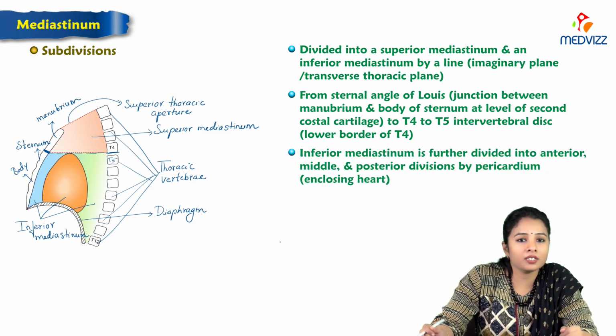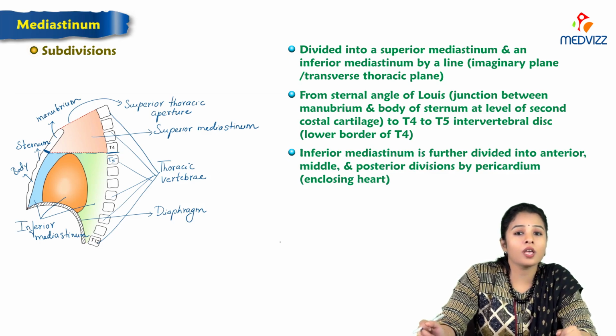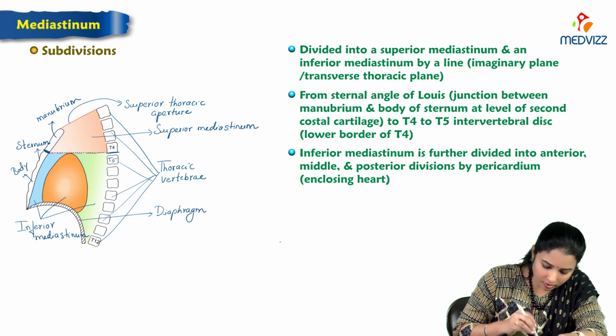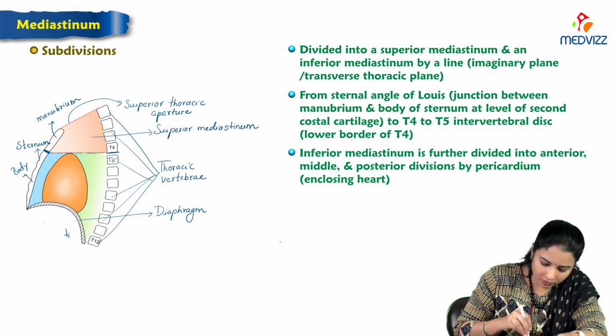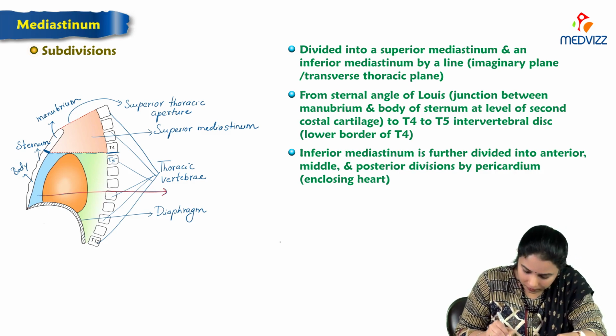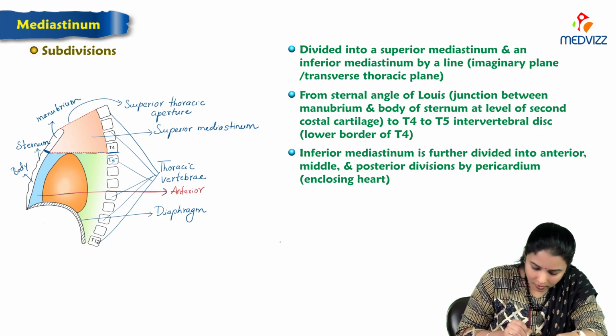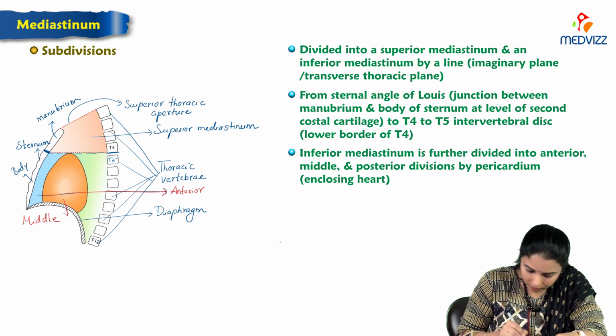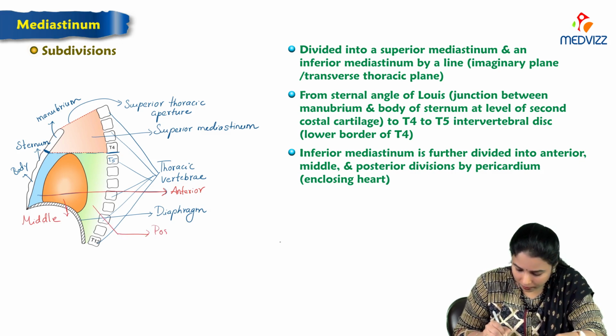The inferior mediastinum is then further divided into anterior, middle and posterior divisions by the pericardium enclosing the heart. The orange colored one is the middle, and this one is the posterior.